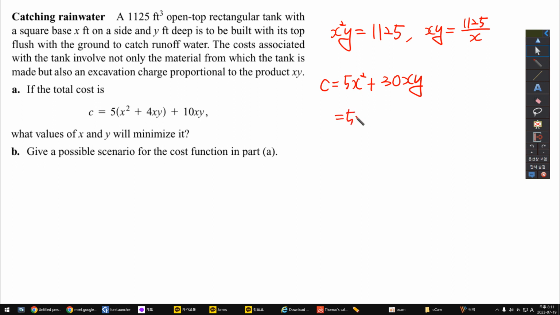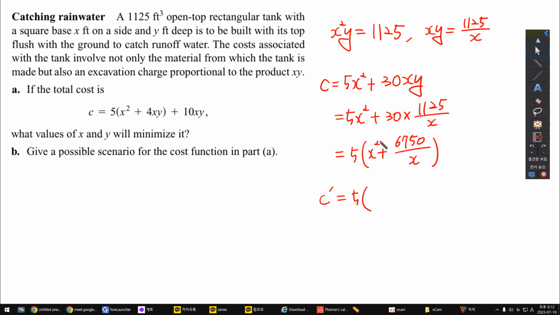So if we make this substitution, like this, and then let's factor 5 out, like this. And then find the first derivative.